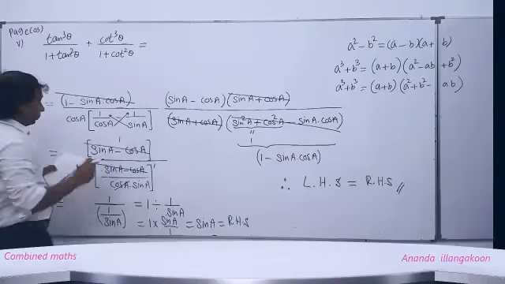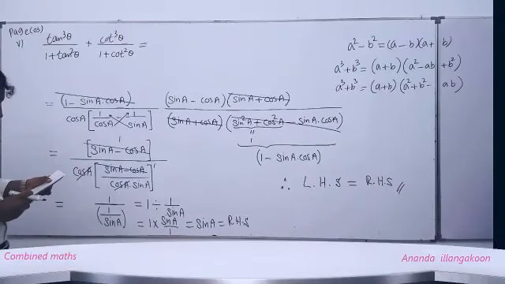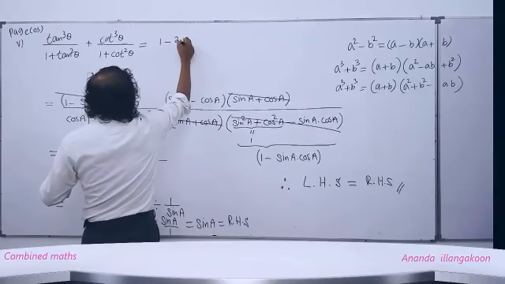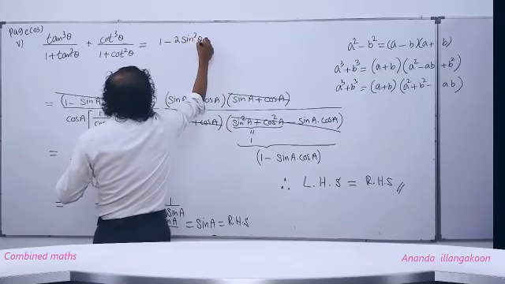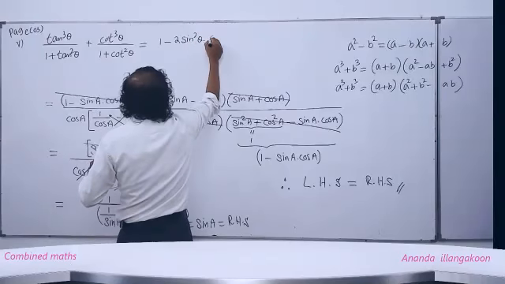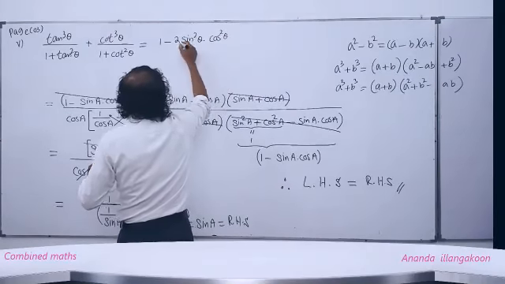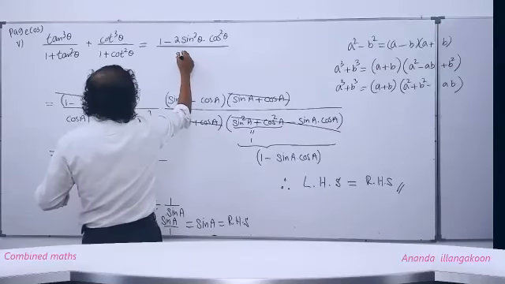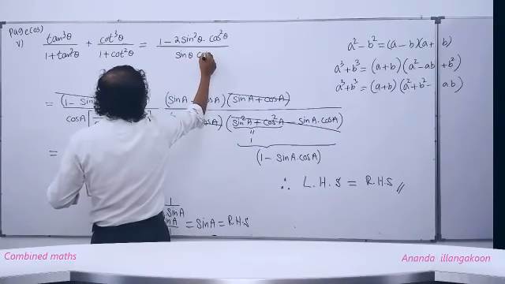This is equal to 1 minus 2 sin squared theta cos squared theta divided by sin theta cos theta. Right.